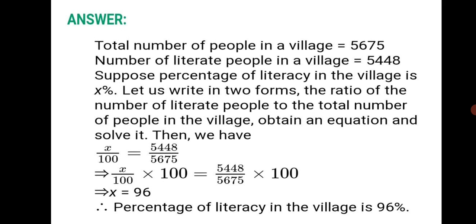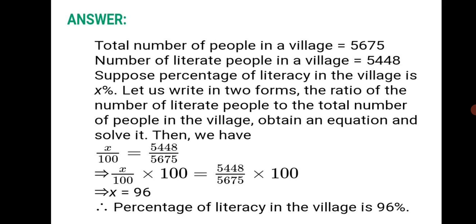So we will have to assume that, let the percentage of literacy be x. So look at the answer. Total number of people in the village is equal to 5,675. Number of literate people in the village is equal to 5,448. Suppose percentage of literacy in the village is x%, then our equation will be x upon 100 is equal to 5,448 upon 5,675.